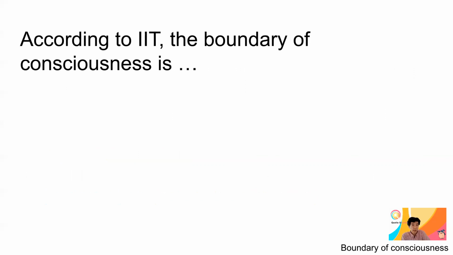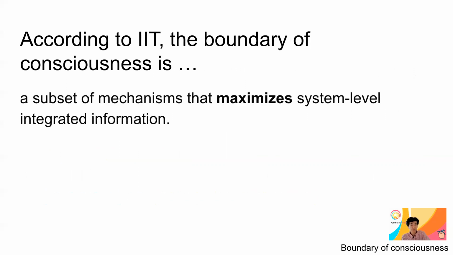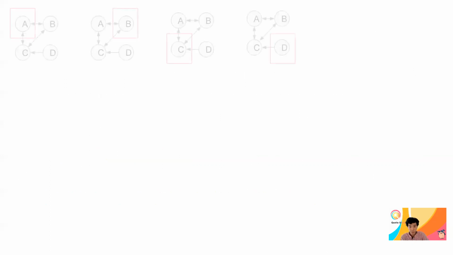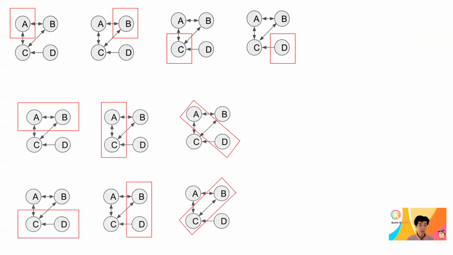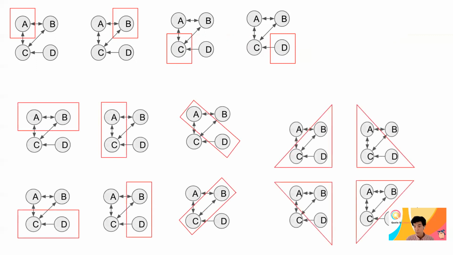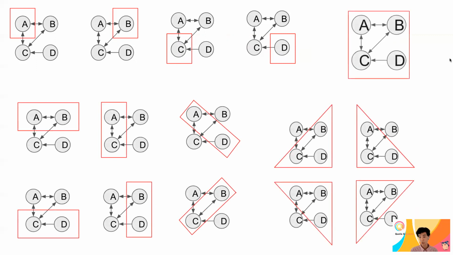According to IIT, the boundary of consciousness is the subset of mechanisms that maximizes the system-level integrated information. So when we thought about this system ABCD, where ABC is bidirectionally connected but D only inputs to C, we first need to look at all the subsets of this system composed of one unit, two units, or three units, and then finally all units.